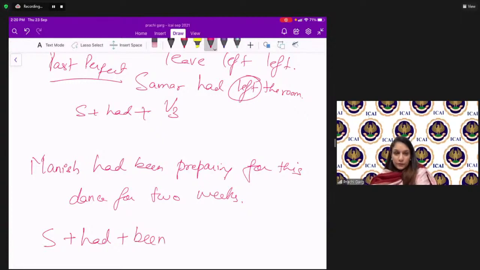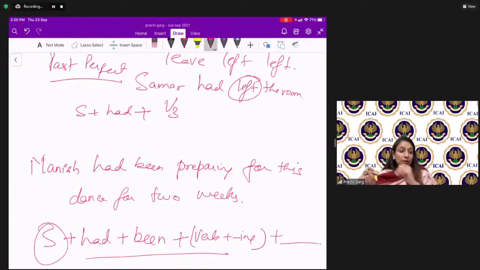Been is a third form. Then the verb plus ing and the rest of the sentence. Clear? No matter who the subject is, I, you, he, she, the structure will remain the same.